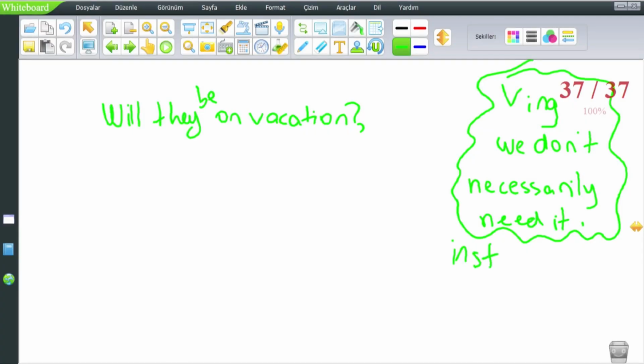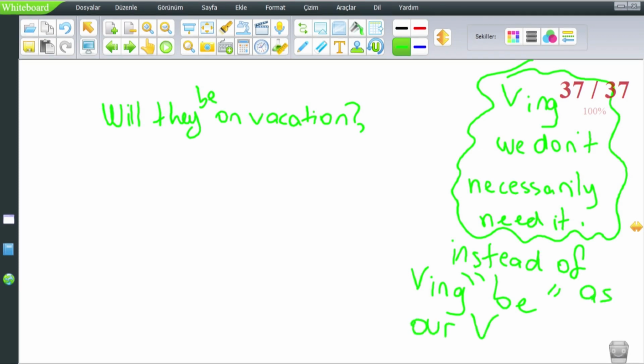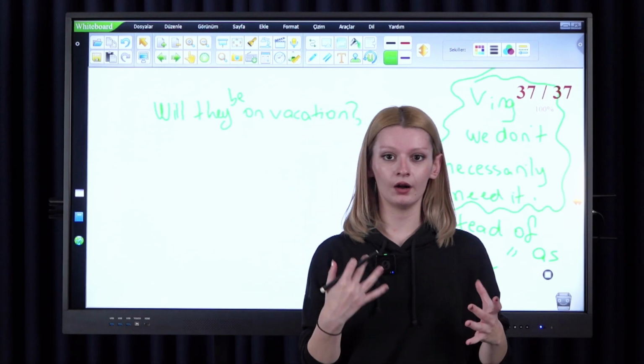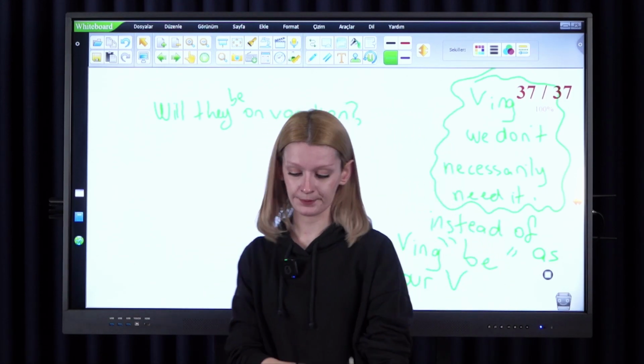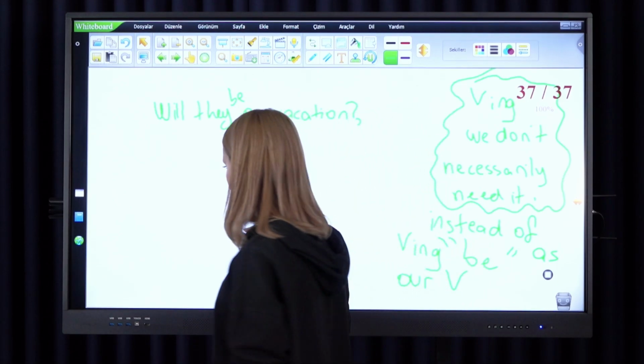Instead of verb-ing, we can use be as our verb, and it will give the same meaning of a long action that takes place. So, will they be on vacation?